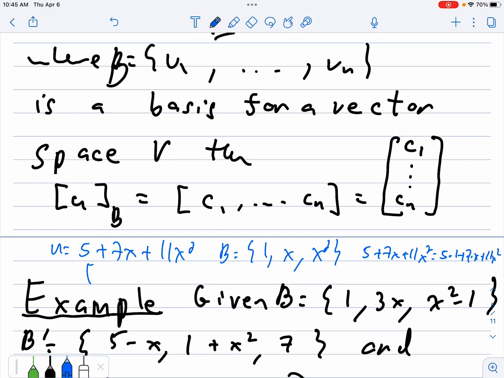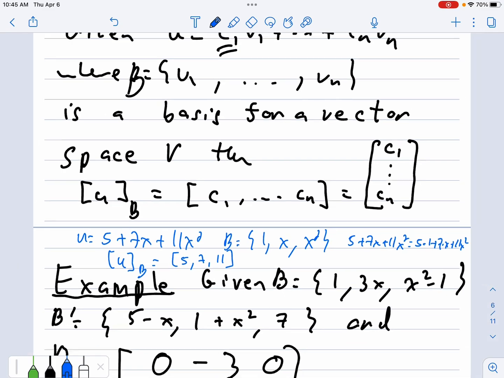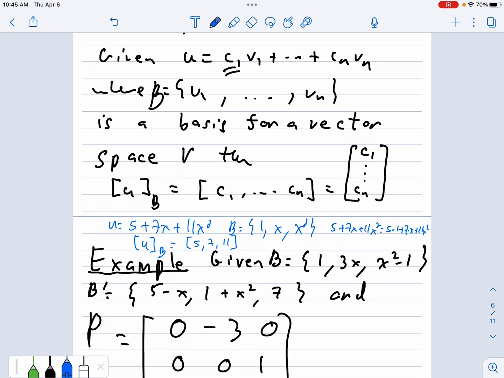And that coordinate vector u, which we write as u_B, would be equal to 5, 7, 11. You can write it out as a row or a column vector. However, when you work with these operations in terms of multiplying by the transition matrix, you will use this as a column.